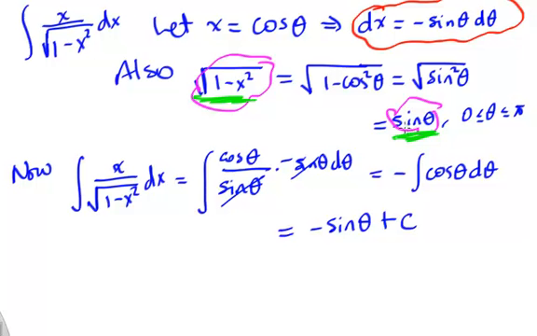In many cases that's not the case, and we have to use some other technique to calculate what this expression is. But in this case, I have a lucky case. I have minus sine theta, which equals minus the square root of 1 minus x squared, and I'm done. So this is the solution to this integral.